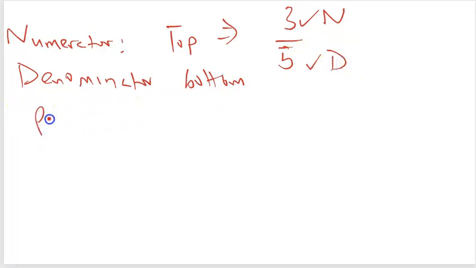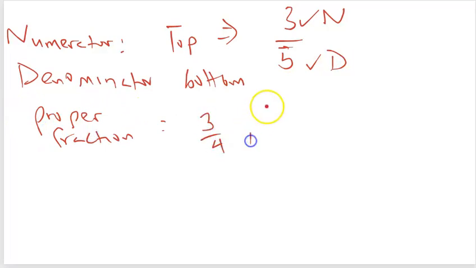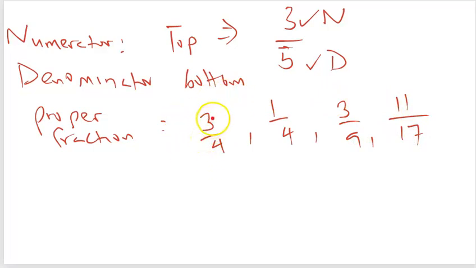Proper fractions. Examples of this are 3 out of 4, 1 out of 4, 3 out of 9, 11 out of 17. See, the common thing among all these proper fractions is that the numerator is always smaller than the denominator.